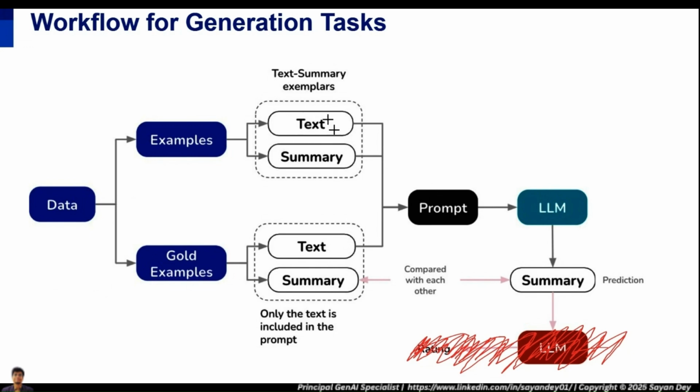Using the few-shot examples, we design the entire prompt, and then using the transcripts in the gold examples, we generate the response summary, and then we test that response against the actual summary. This is very similar to what we discussed in classification, just that we're extending this to the generation task. Now everything is the same.